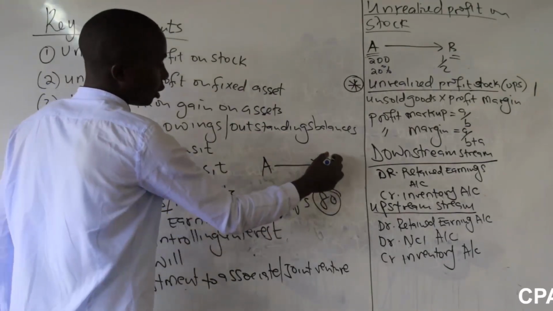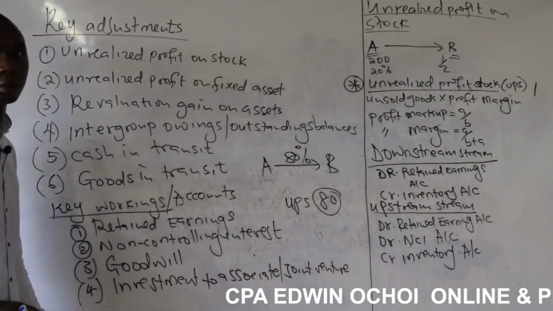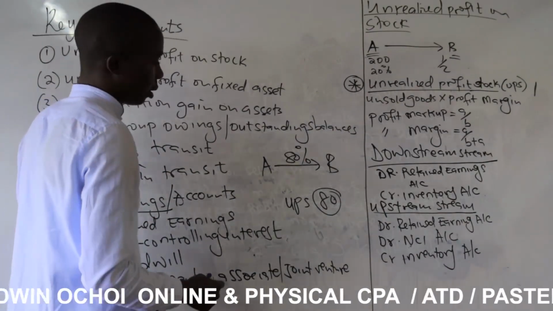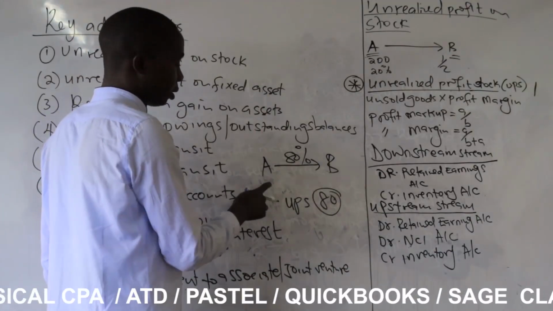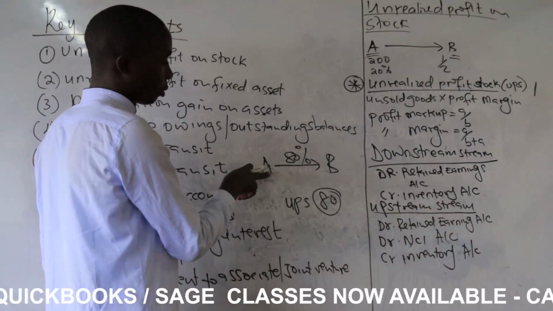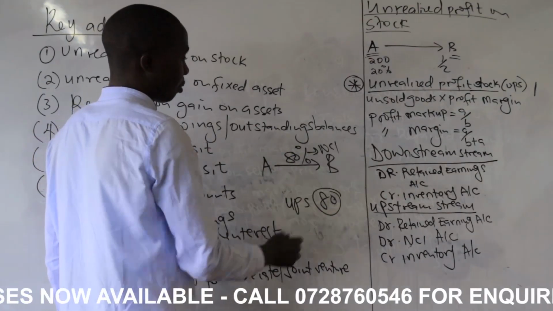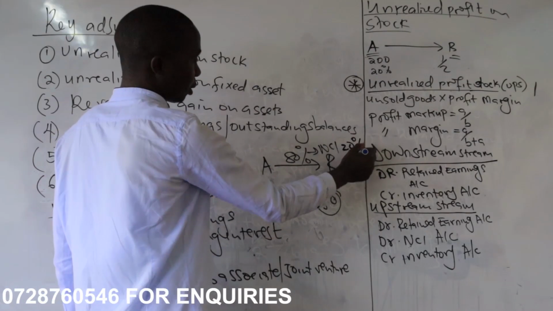So doing this, the parent had acquired the subsidiary up to 80%. So there was an upstream sale from the subsidiary to the parent. Remember that in this scenario, the NCI, the minority shareholders, is 20%.